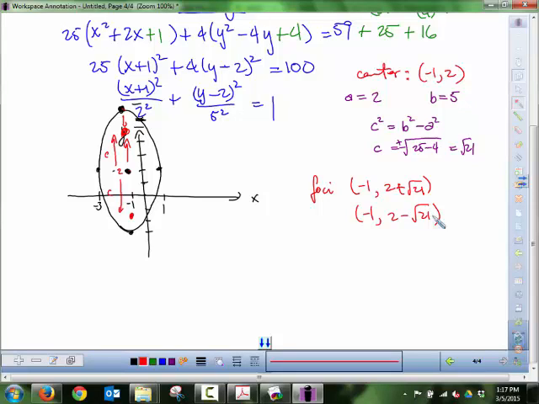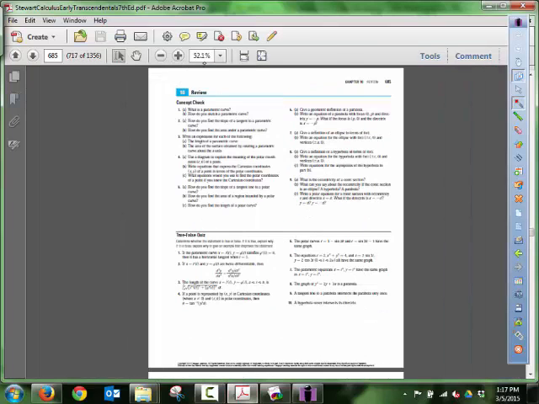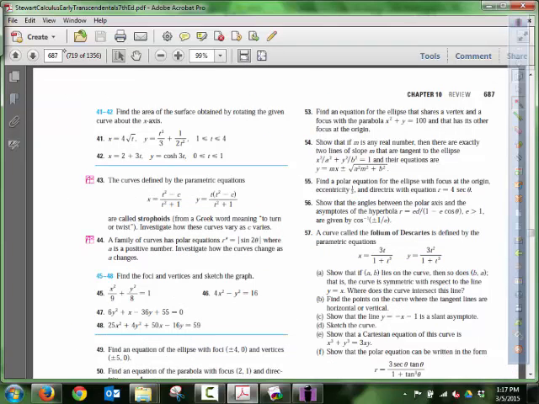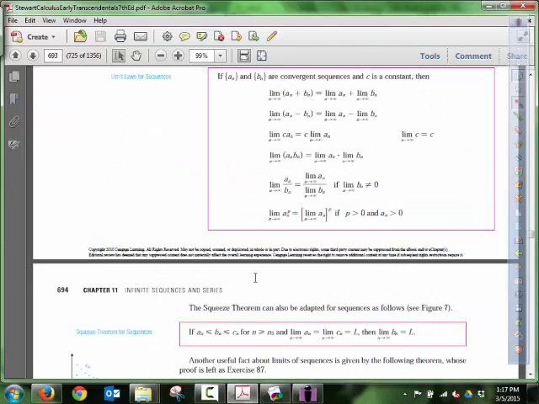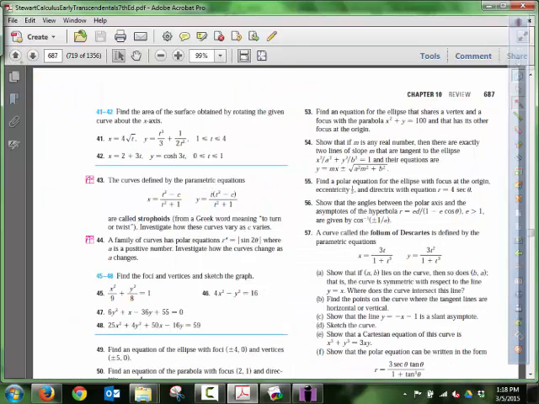Do they want us to find the directrix too? No, it changed. They just asked for the foci and the vertices, so no directrix.